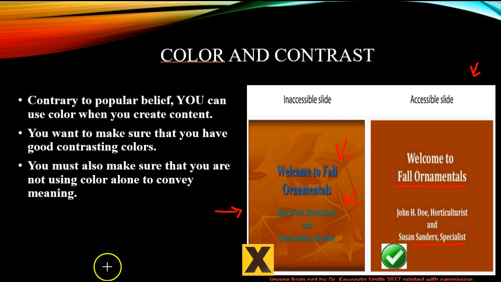Now the main thing with color, while you can use it, you want to make sure that you're not using color as the only way to convey meaning. Meaning you don't want to put something in your course that says, look at arrow 1, look at the red arrow, look at the green arrow. If I'm colorblind, I may have a problem understanding which one's which. So I don't want to use color as the only way of conveying meaning or information.